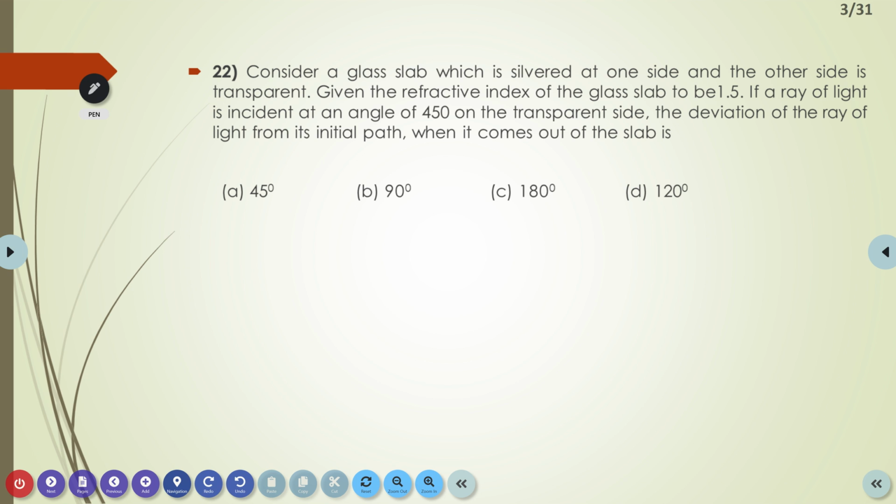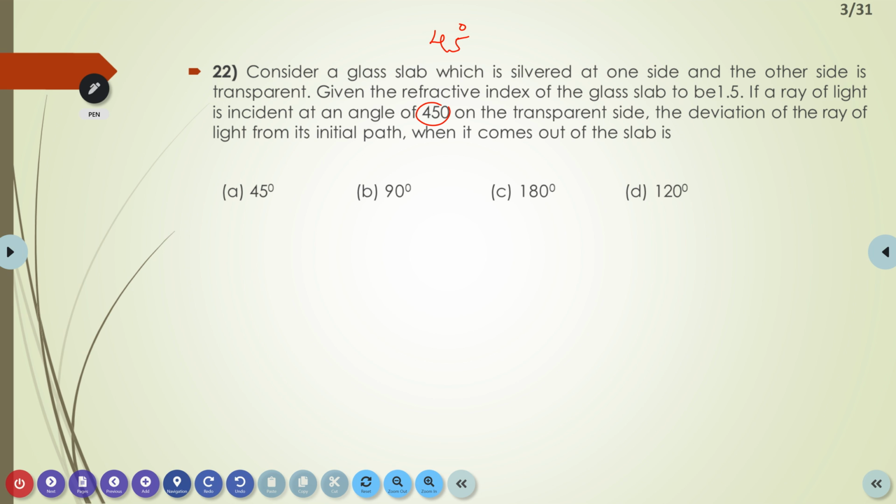Consider a glass slab which is silvered on one side and the other side is transparent. The refractive index of the glass slab is given as 1.5. If a ray of light is incident at an angle of 45 degree on the transparent side, what is the deviation of the ray of light from the initial path when it comes out of the slab?